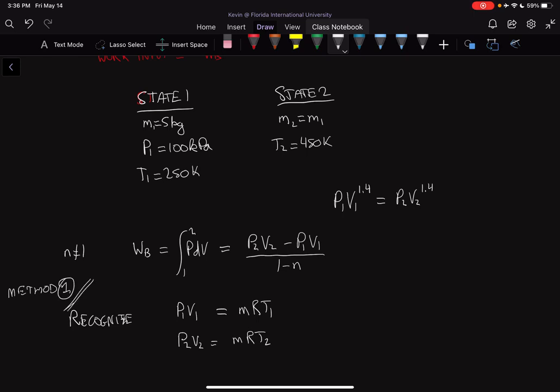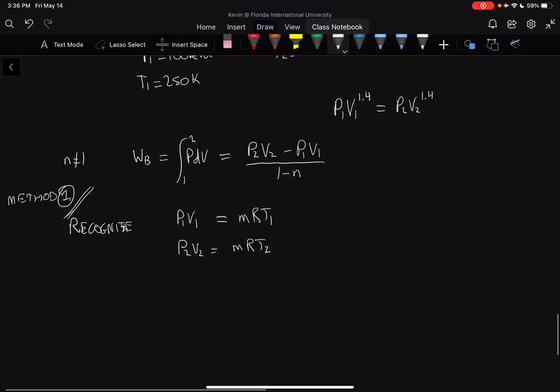If we recognize that P1V1 is equal to MRT1 and P2V2 is equal to MRT2, we can substitute these, and we would be left with work boundary equal to MR times T2 minus T1 over 1 minus n.